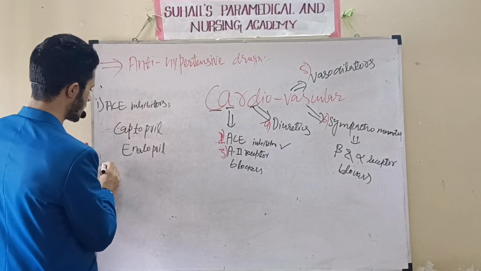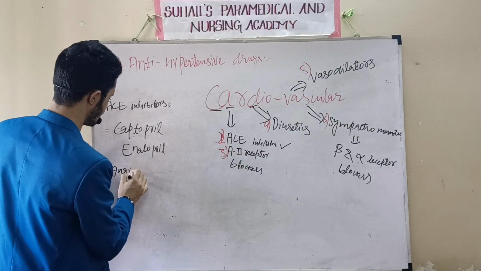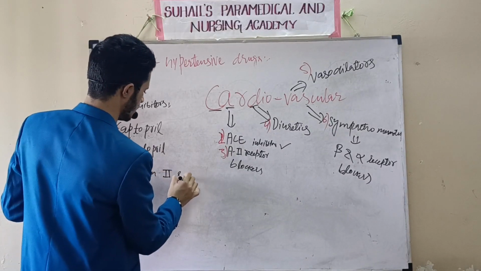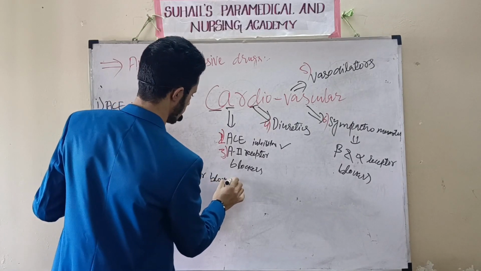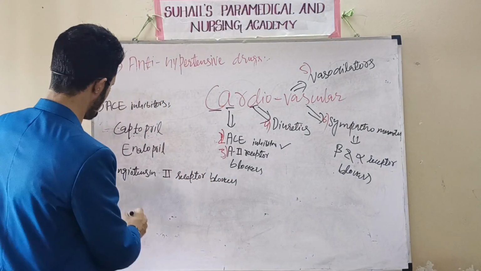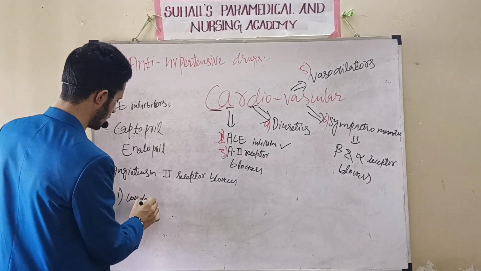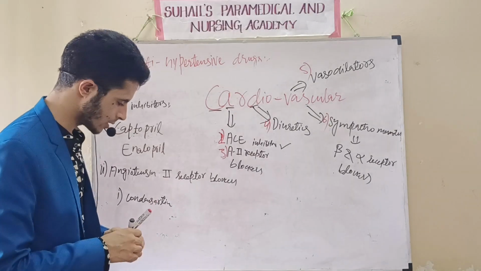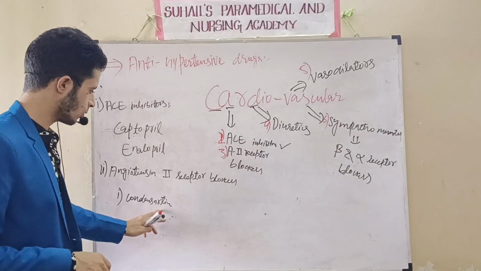Then there is the second classification, angiotensin second receptor blockers. What is the example? One is candesartan.